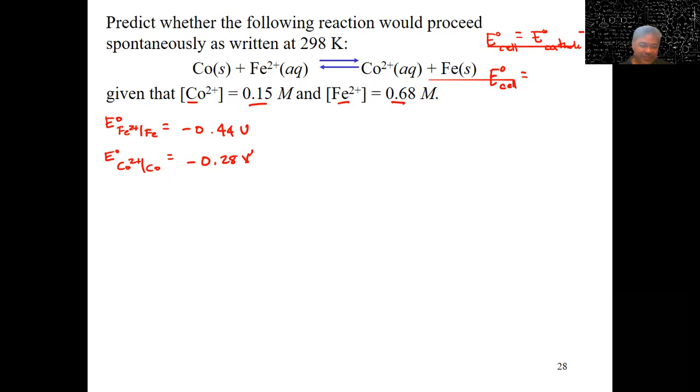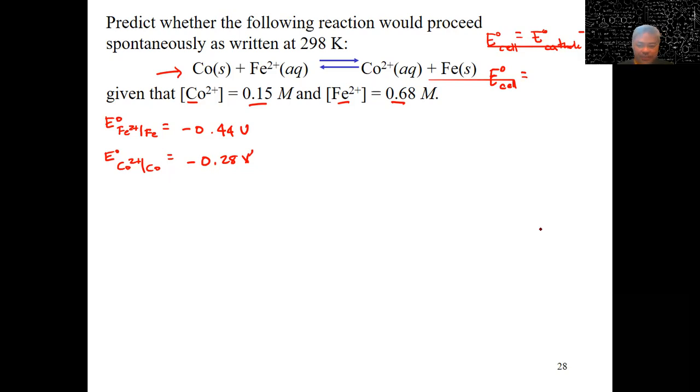So based on the given reaction, which species is the anode and which species is the cathode? Anyone? Cobalt po yung nasa anode. Okay?